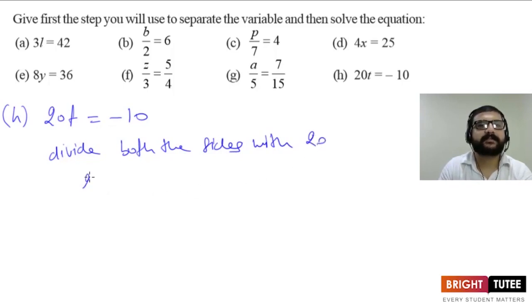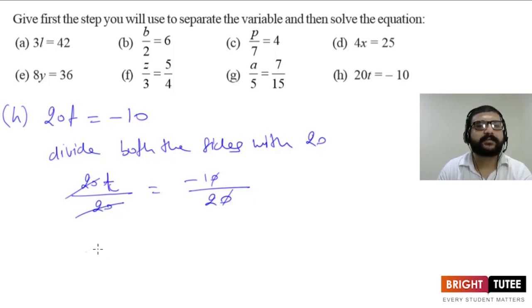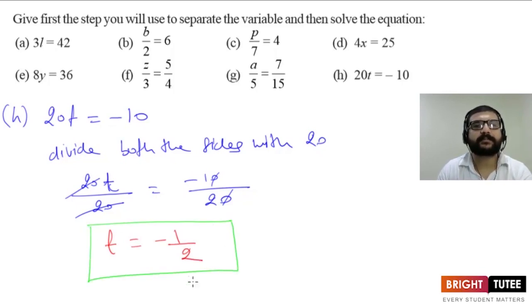By doing this we will get 20t upon 20 is equal to minus 10 upon 20. Now 20 and 20 will be cancelled out and here we are left with minus 1 upon 2. So the value of t we will get as minus 1 upon 2. So the final solution of the equation is t is equal to minus 1 upon 2.